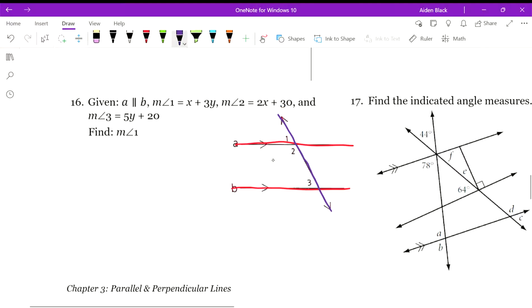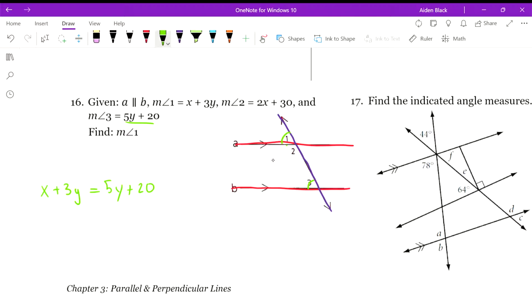Since we know these lines are parallel, the corresponding angles, such as 1 and 3, are congruent. In other words, the measure of angle 1 is equal to the measure of angle 3. So the measure of angle 1 is x plus 3y, and this is equal to the measure of angle 3, which is 5y plus 20.